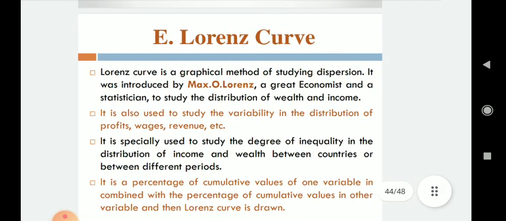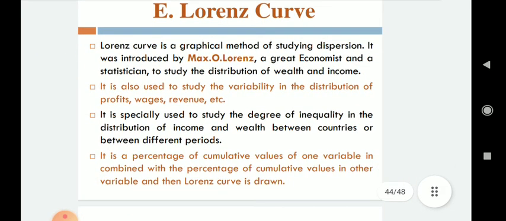And lastly, Lorentz curve. Lorentz curve is a graphical method of studying dispersion. It was introduced by Max O. Lorentz, a great economist and a statistician, to study the distribution of wealth and income. He had done a study on how a distribution of wealth happens in a society.